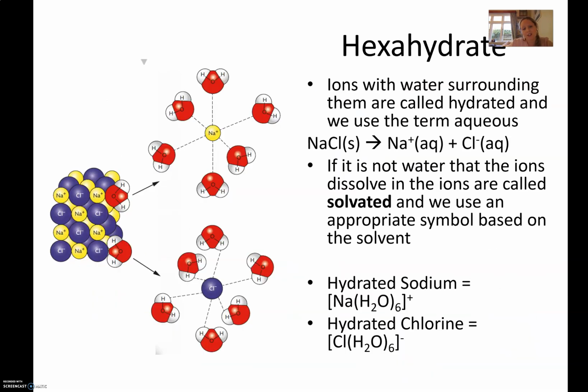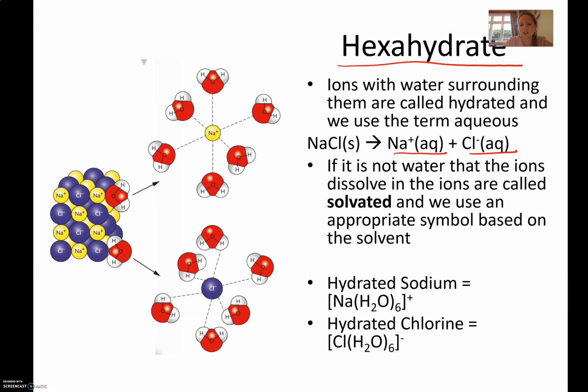When something actually dissolves, this is going beyond what you need for level 2, but I think it's super interesting. There's a certain number of waters that naturally can fit around an ion, and a lot of the time it's 6. So both sodium and chloride can have 6 waters surrounding them, and we use the term aqueous. So AQ is for when something is dissolved in water, which most of you know, and these are actually hexahydrate ions, because 6 waters surround those ions.